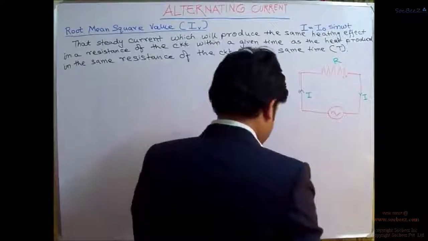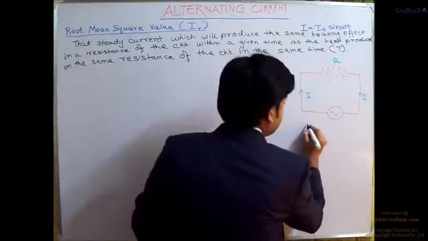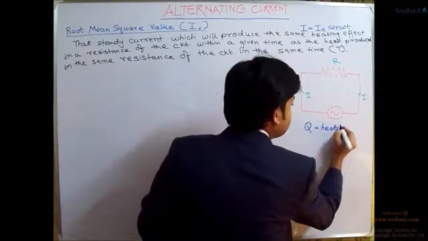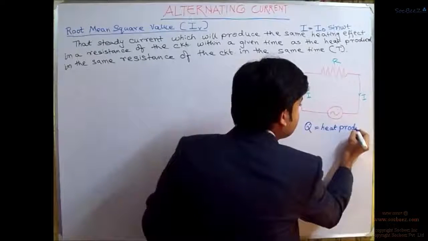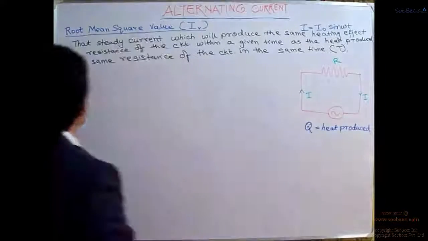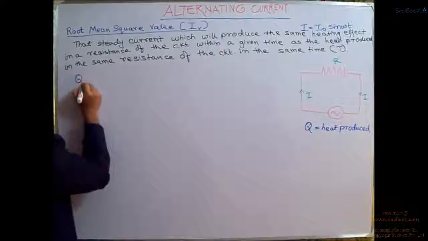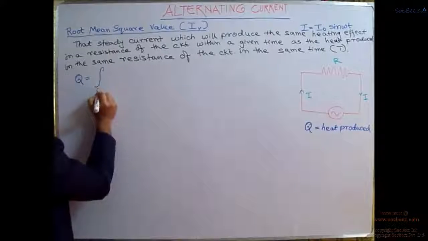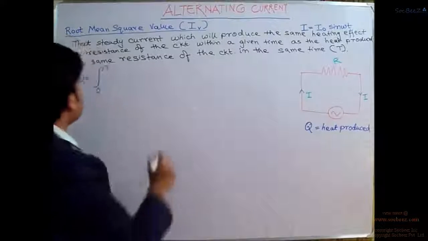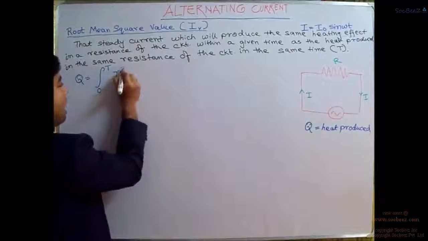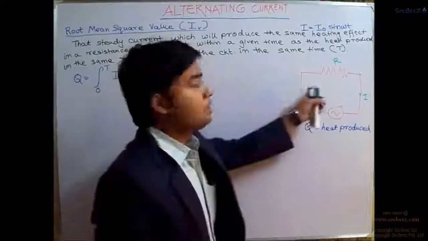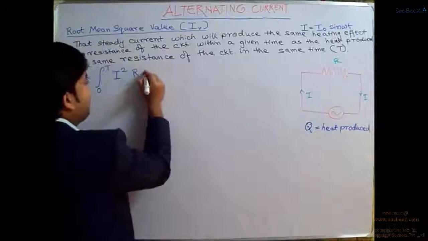And we know the formula for the heat produced, where Q is the heat produced, will be equal to the integration, taken from 0 to T, the time interval, of I square multiplied by the resistance multiplied by the time.